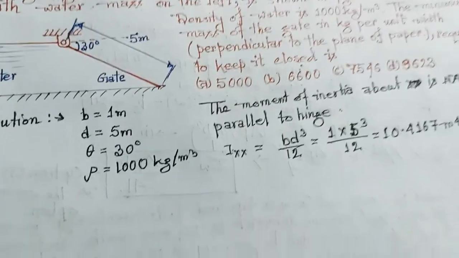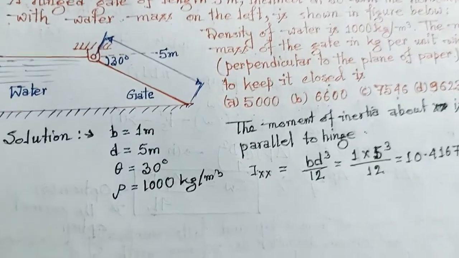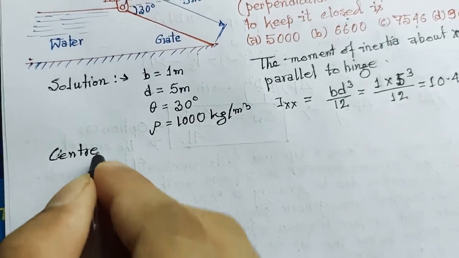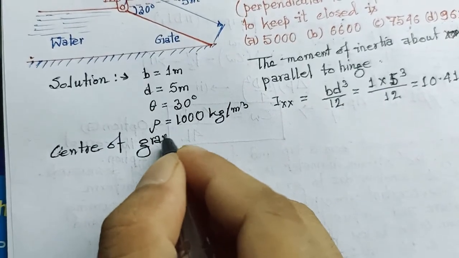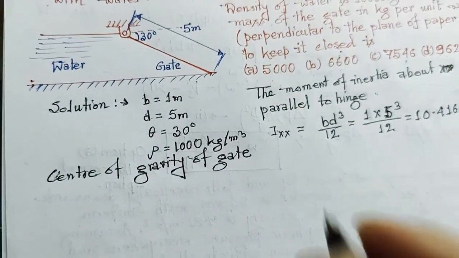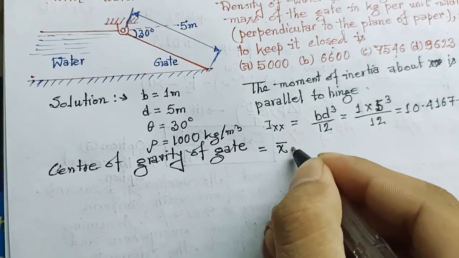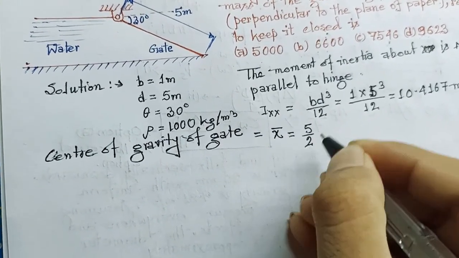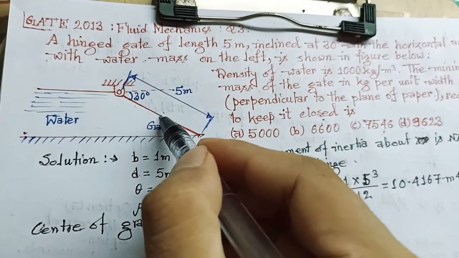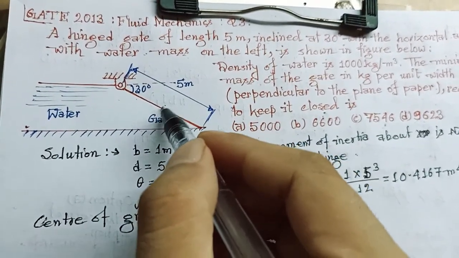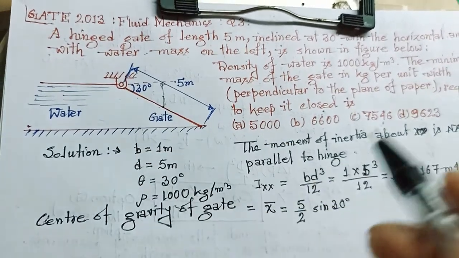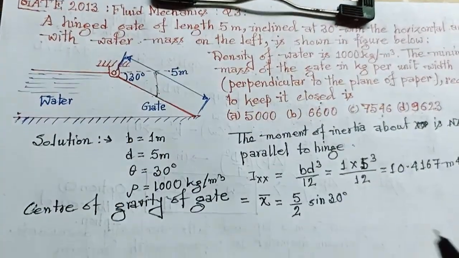Now we will find the center of gravity of the gate. The center of gravity of gate will be x bar equal to 5 divided by 2 sin 30 degree, because from this figure the middle point is at half the total length, 5 divided by 2, and the projection of this half length will be sin theta, as the angle is given as 30 degree.